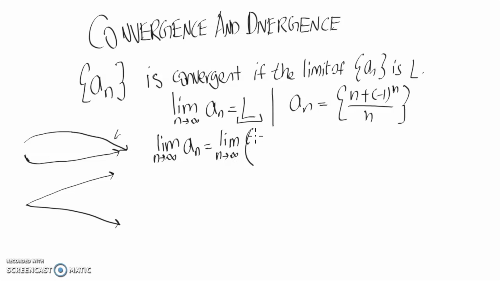So we just have to do some basic limits now. You should already know this. So I'm going to simplify this first: 1 plus (minus 1 to the power of n) over n.